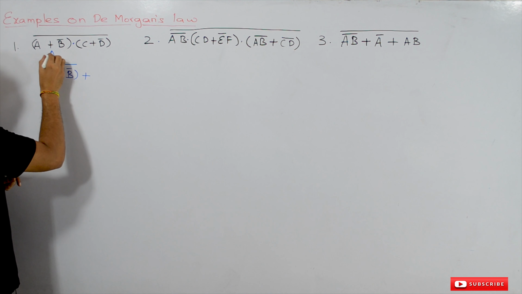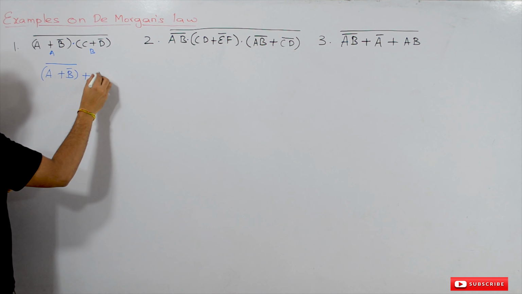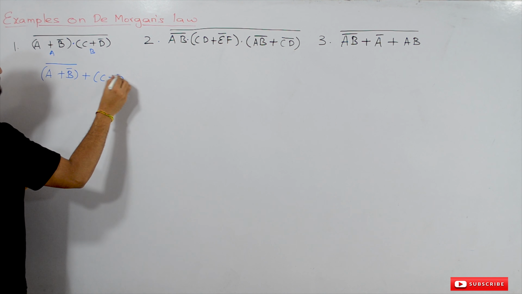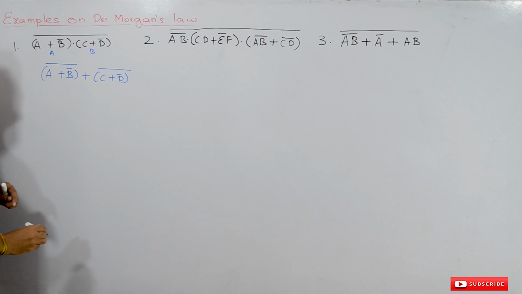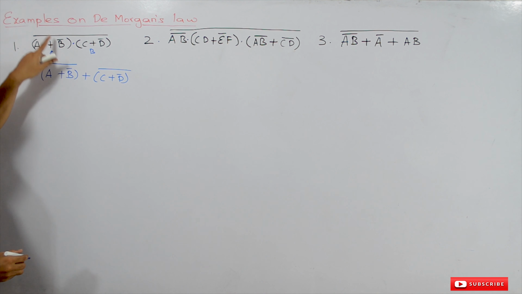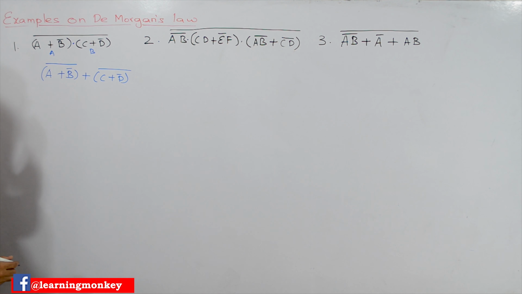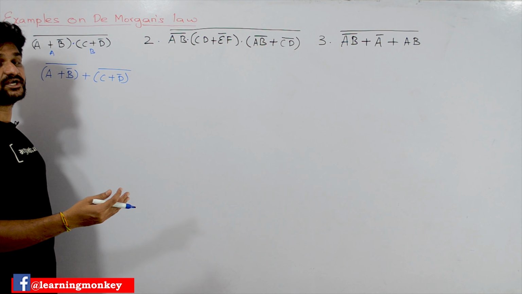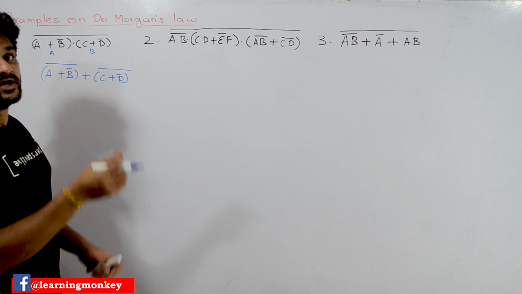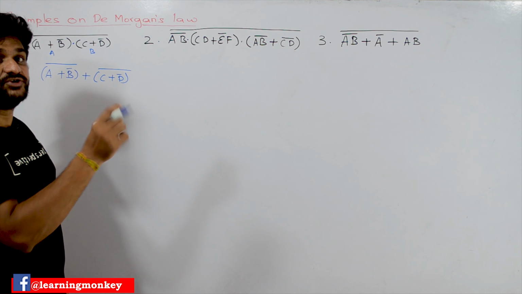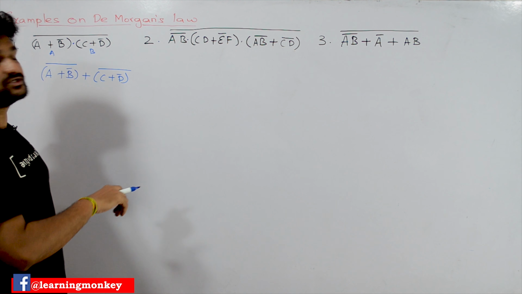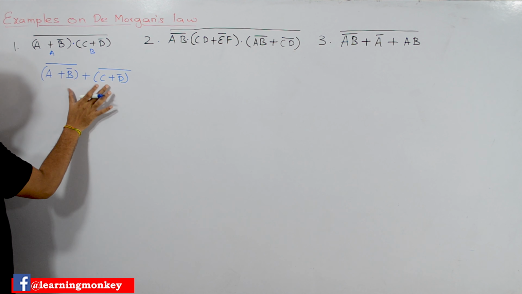For example, if you take (A plus B bar) as A and (C plus D bar) as B, it is A bar plus B bar. So the complement of a product of variables can be represented as the sum of the individual complements.